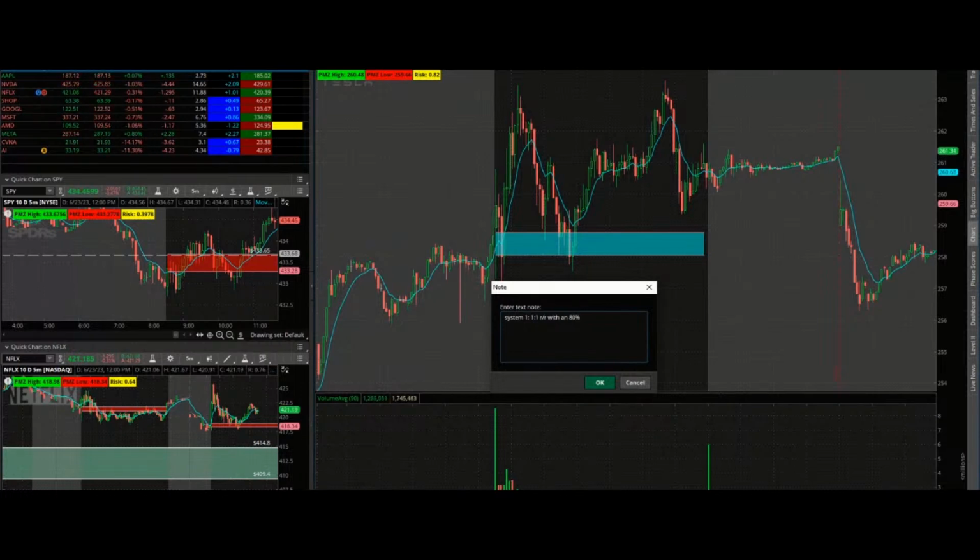That means you're risking, let's say, $100 to make $100, and your hit rate is 80%. So out of 10 trades, 8 are winners, 2 are losers. And system two is a 1-to-3 risk reward with a 40% hit rate. So of these two systems, which system would you folks go with?